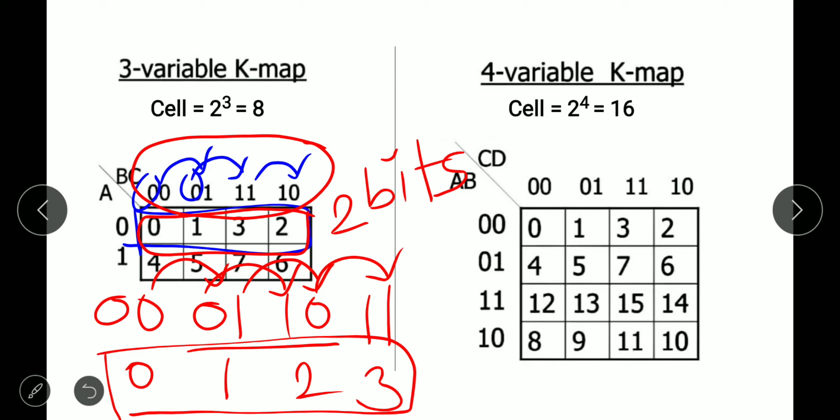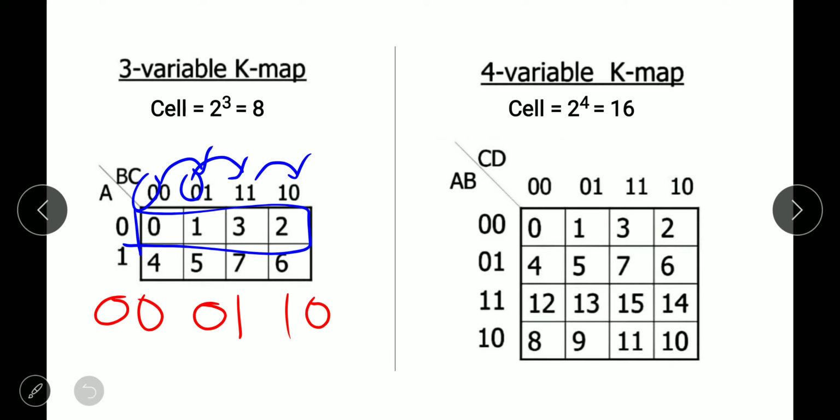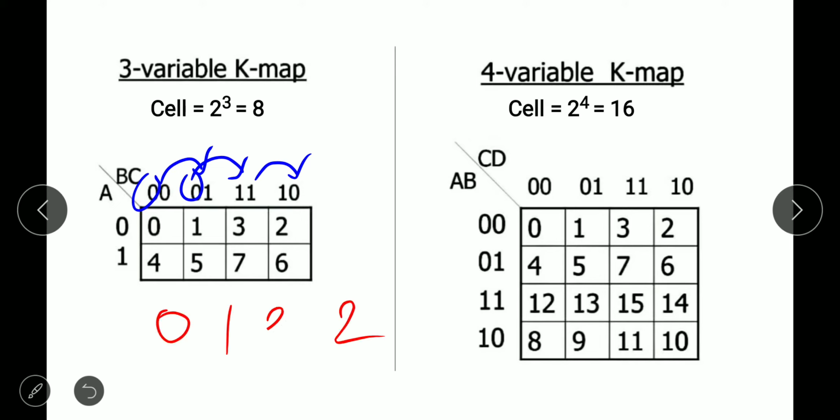So here we write 0 1 3 2. Likewise 0 1 3 2, then 4 5 7 6, not 0 1 2 3, then 4 5 6 7.